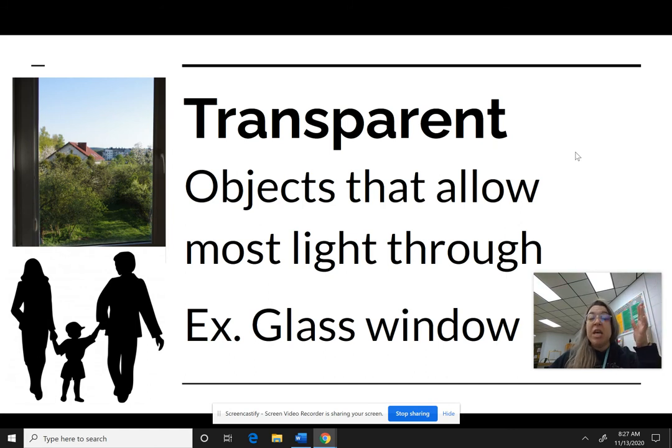Now, I have another trick to teach you how to remember transparent. So we remember, oh no, opaque. And then we can also remember transparent, because I always think of the phrase, parents can see right through you. You're like, what? So, maybe you don't tell your parents the truth sometimes, and maybe you snuck an extra piece of Halloween candy, but they always find out, they somehow always know.